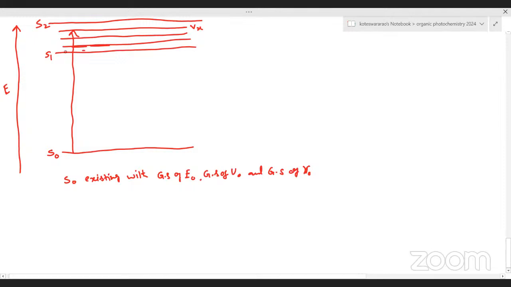Now, this S1 exists with the first excited state of the electronic level, that is indicated with E1, or the first excited state of vibrational 1.